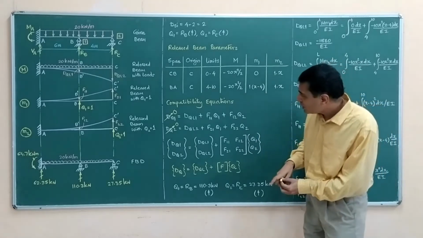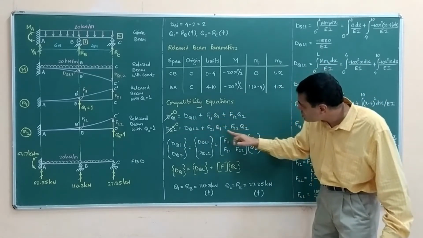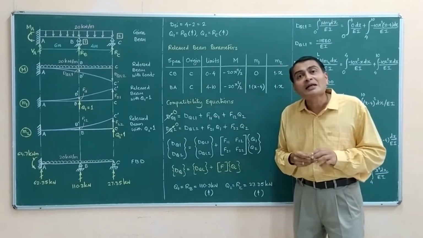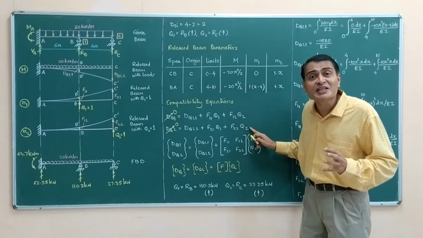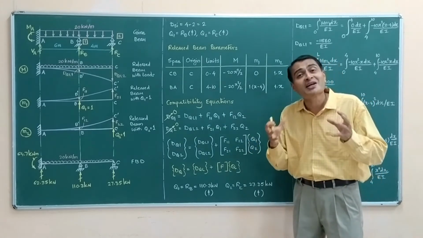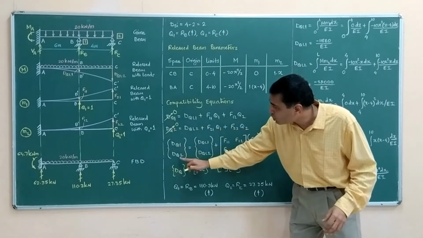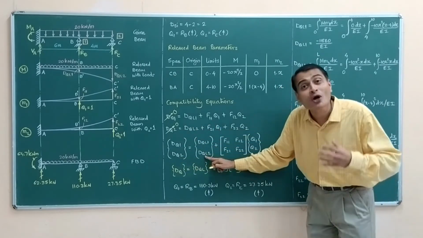Now observing these two terms and these four terms, it strikes our mind that it is possible to express these two algebraic equations, linear equations, in simple matrix form, and that is what I do. These two form a vector of dq, these two form a vector of dql.